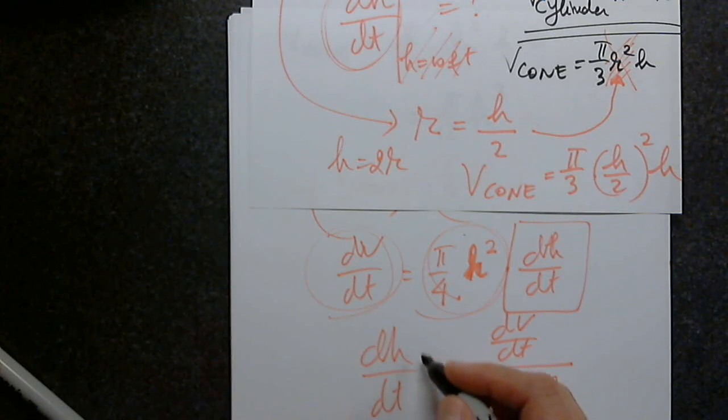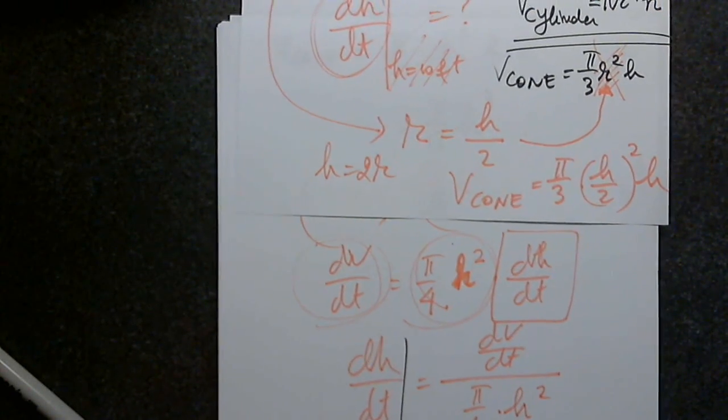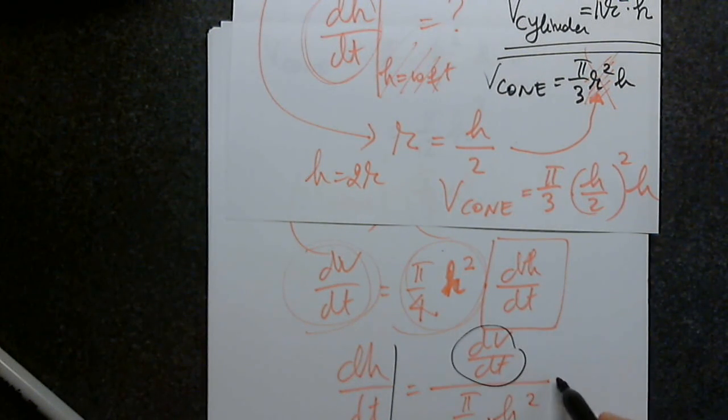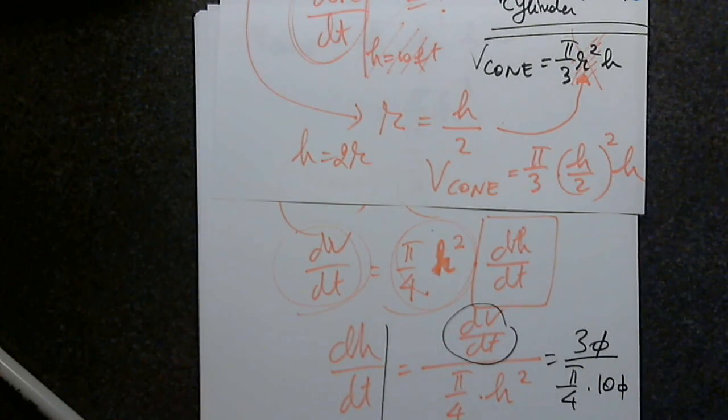Now we're ready to plug in 10. So for h equals 10 feet. The top was given to us as being 30. Then we have the pi over 4 that we have to copy, and we multiply by 100. Before I put it in the graphing calculator, I recommend you simplify a little bit and flip pi over 4 into 4 over pi. So this is 12 over 10 pi. And you can simplify it by 2 or not. Let's approximate it.